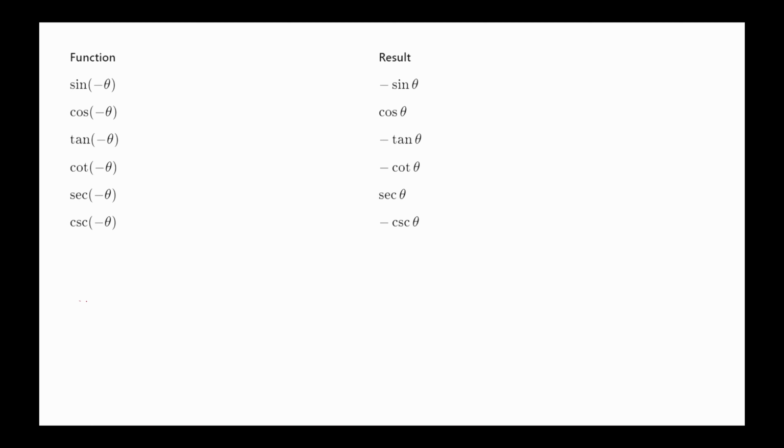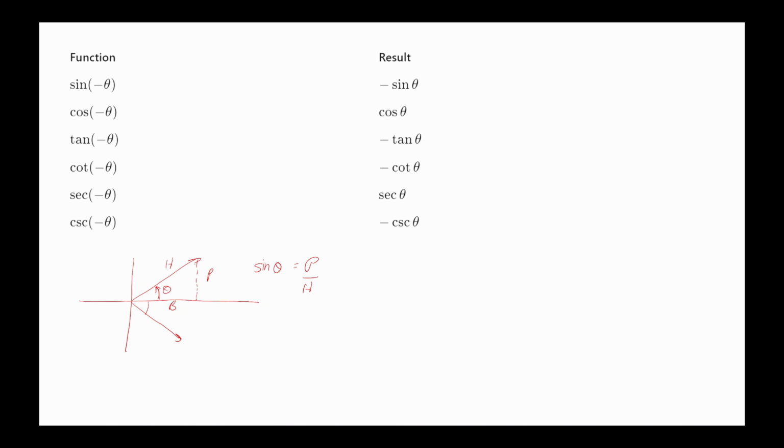Now let me show you the proof of why this is happening. Let's say this is the angle that I'm measuring. This is my theta, and this is my triangle, with the perpendicular, base and hypotenuse. Here, my sine theta would be perpendicular by hypotenuse. Now let's say my angle is measured the other way. Till now I was measuring my angle this way.